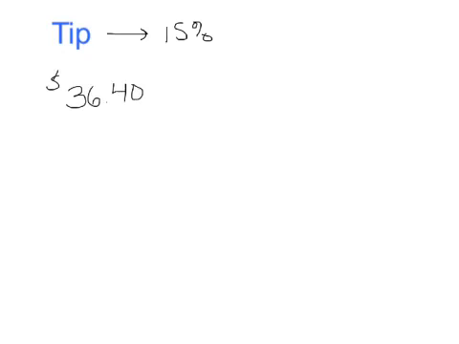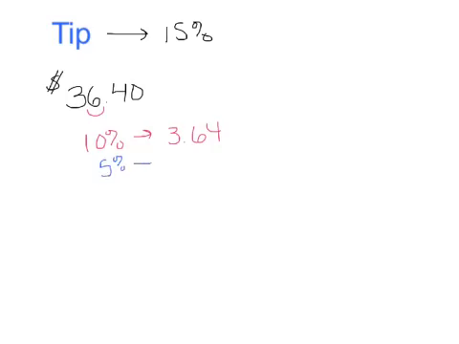$36.40. What we generally do is round this and figure out what 10% is, which would be about $3.64. I do that by just moving the decimal around. Then take about half of that.